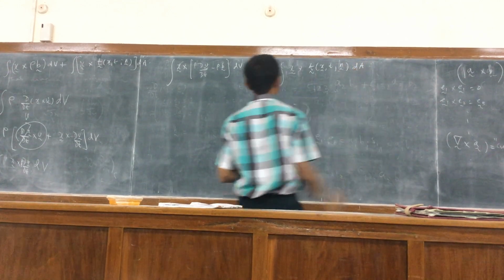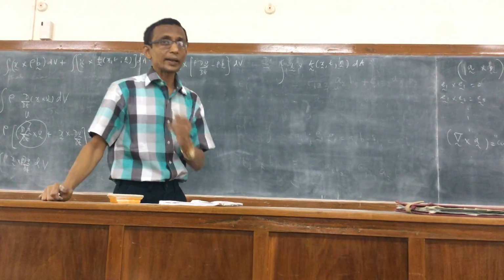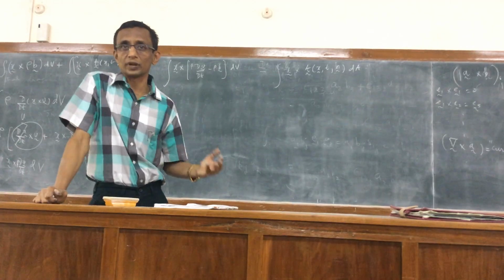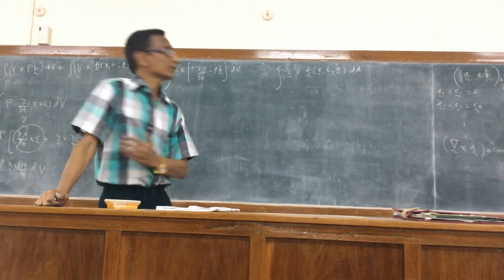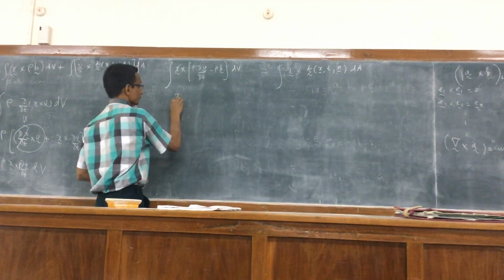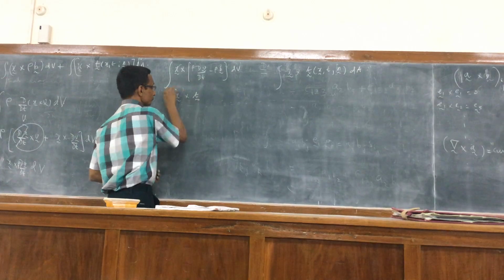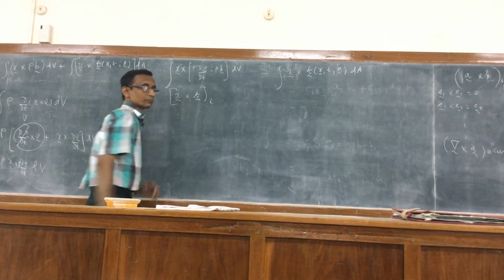That's what we will do now, right? So I take again the ith component of this and find out what this is. So I am looking at x cross t, the ith component.